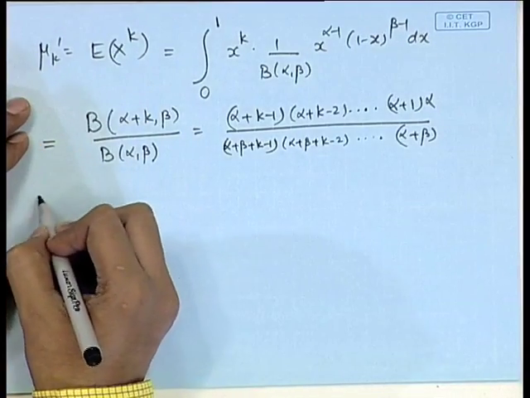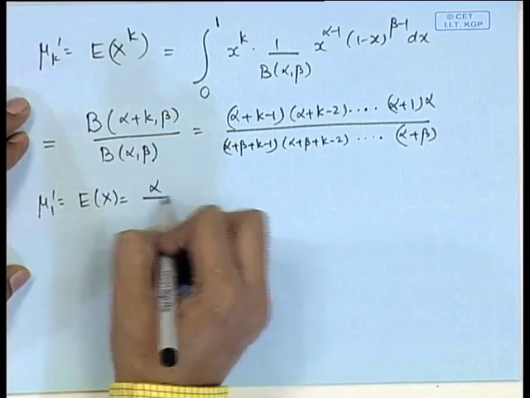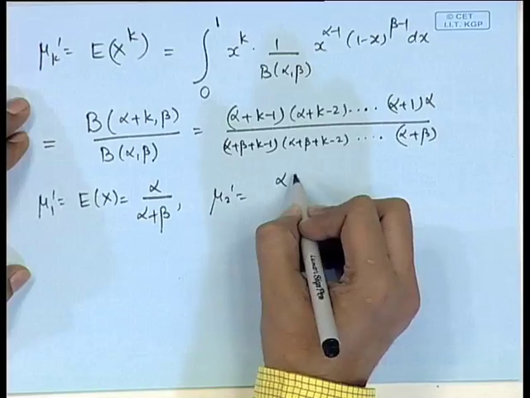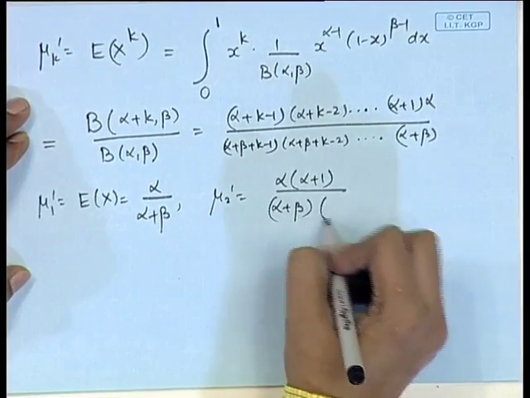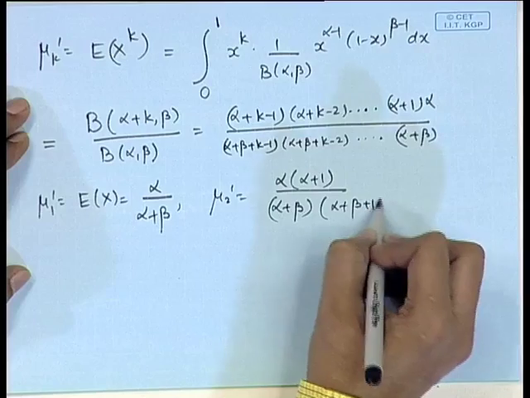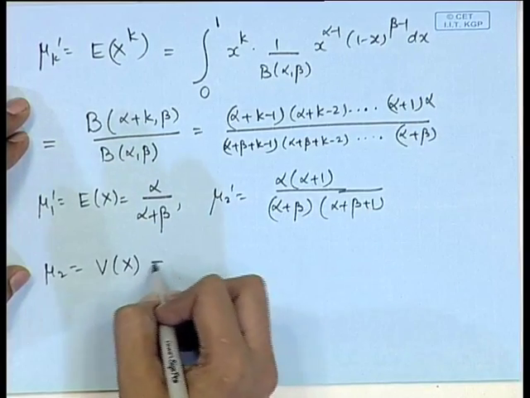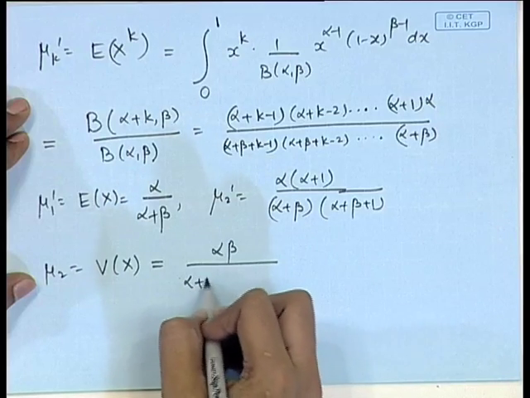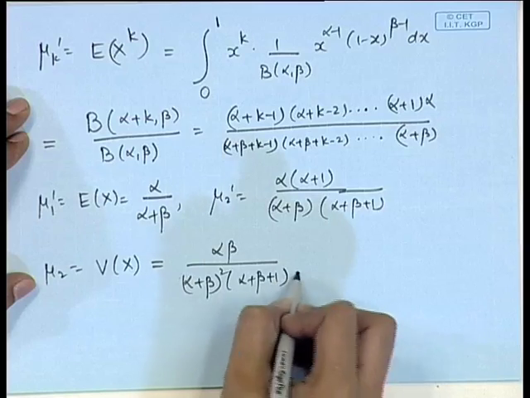So, if we calculate the mean of this distribution, it is simply alpha by alpha plus beta. The second moment will be equal to alpha into alpha plus 1 divided by alpha plus beta into alpha plus beta plus 1, and therefore, the variance of the beta distribution will be equal to alpha beta divided by (alpha plus beta) square into (alpha plus beta plus 1).